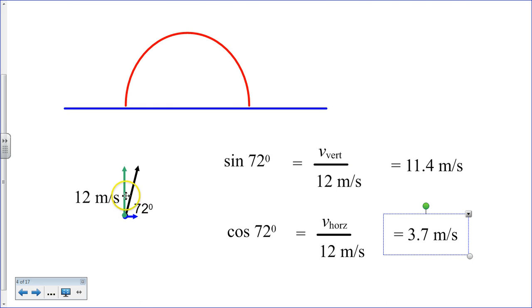We know that the vertical component, essentially this green vector, is the opposite over the hypotenuse, which is the sine. We could figure out the vertical velocity is 11.4 meters per second. The blue one down here is the adjacent over the hypotenuse, which is a cosine. So that gives us 3.7 meters per second.